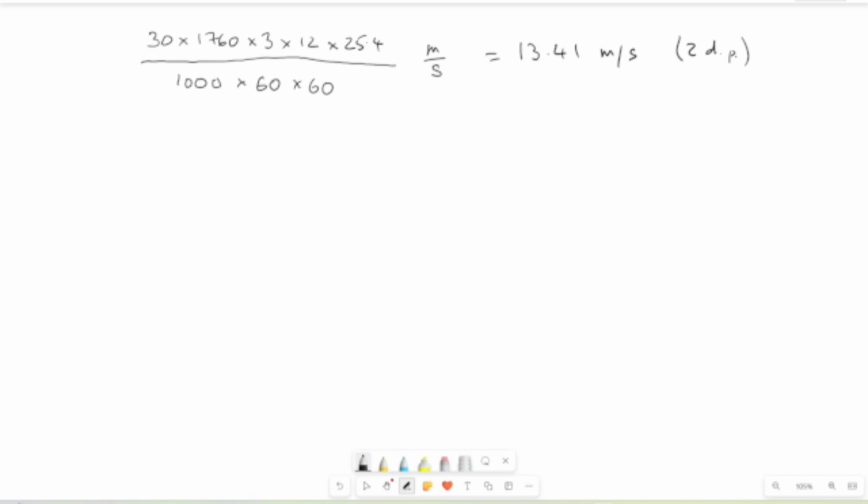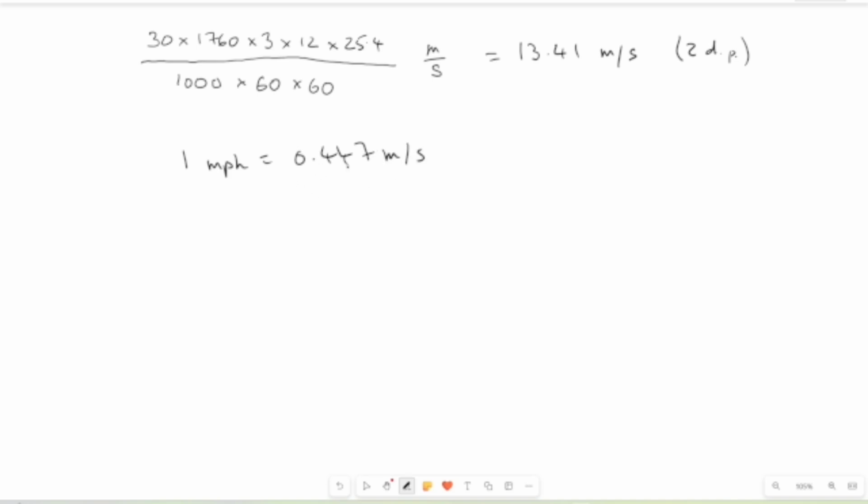For example, if you look up a conversion unit directly from miles per hour to meters per second, we can use, for example, the relationship 1 mile per hour is equal to 0.447 meters per second.